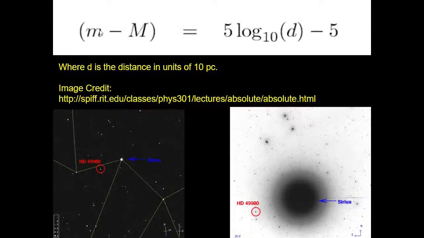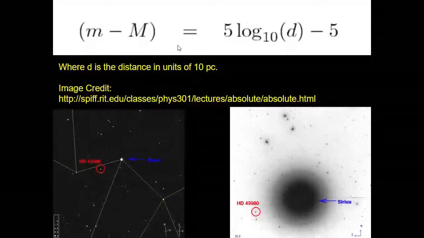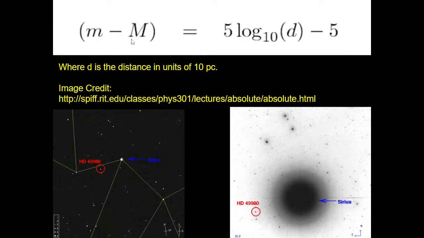That will be the apparent magnitude minus the absolute magnitude. In other words, what this equation is telling us is that the absolute magnitude of a bright object is nothing but the apparent magnitude that bright object will have if it is put at a distance of d in units of 10 parsec. Okay, is that clear?